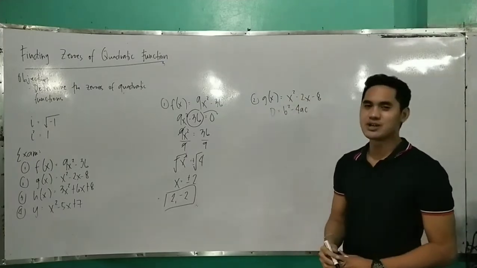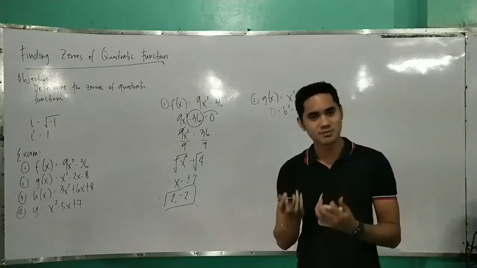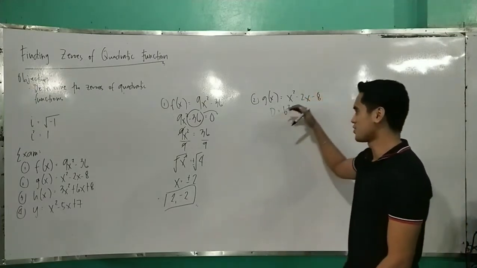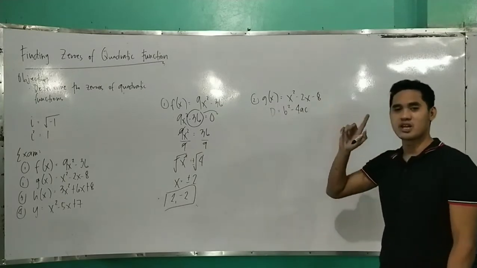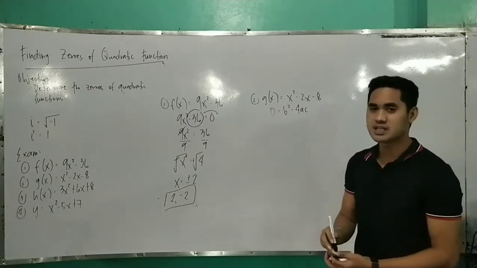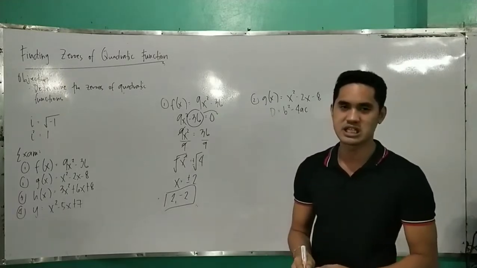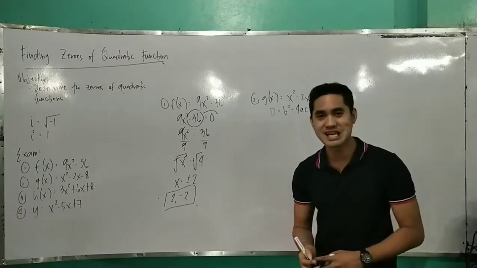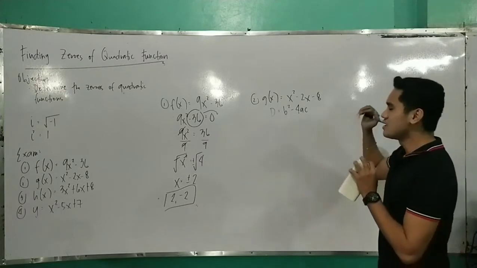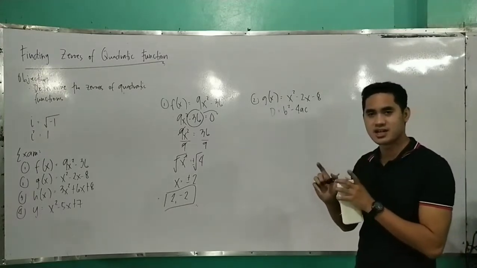Ayan. Kasi dito, kailangan malaman, i-factorable ba yung given function. Ayan. Pero syempre, i-remind ko lang kayo na dapat lagi siya naka-standard form at ang standard form ng function is ax squared plus bx plus c. Ulitin ko, it's always in standard form.